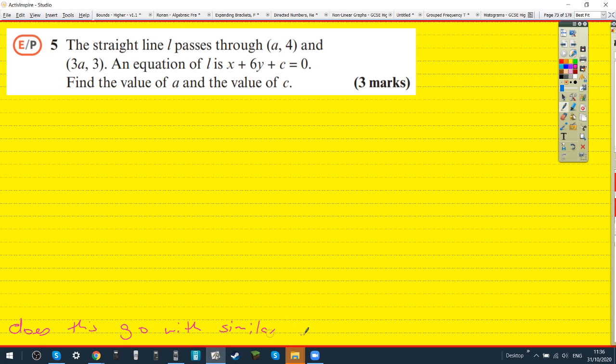So is it better for me to convert the x plus 6y plus c back into y equals mx plus c? It might be. The straight line passes through A(4, 3) and A(3, 3). I would sub in A(4, 3) and A(3, 3).